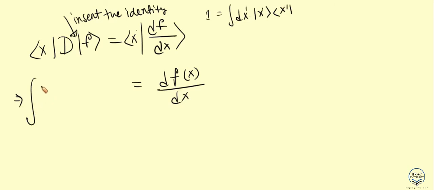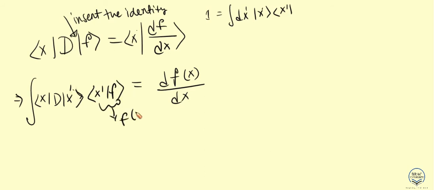So I'm just writing the integral over here, and now I'm going to use this identity, and if you do that, you will have something like this, right? But this is what? This is f of x prime, right? That's what we are seeing. And obviously there is this integration measure dx prime. I'm sorry for my writing, it looks a bit messy.